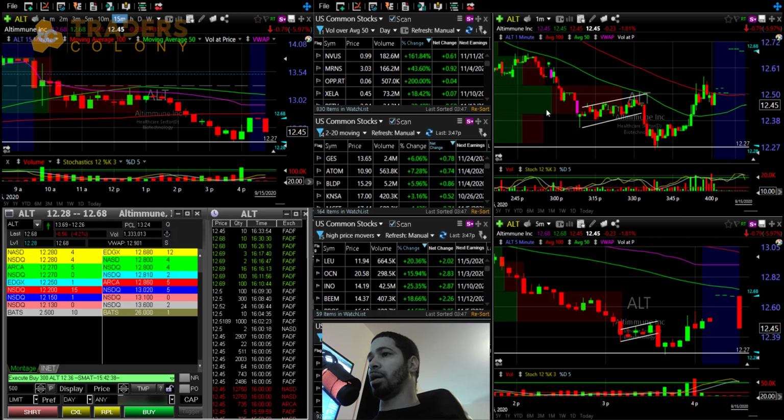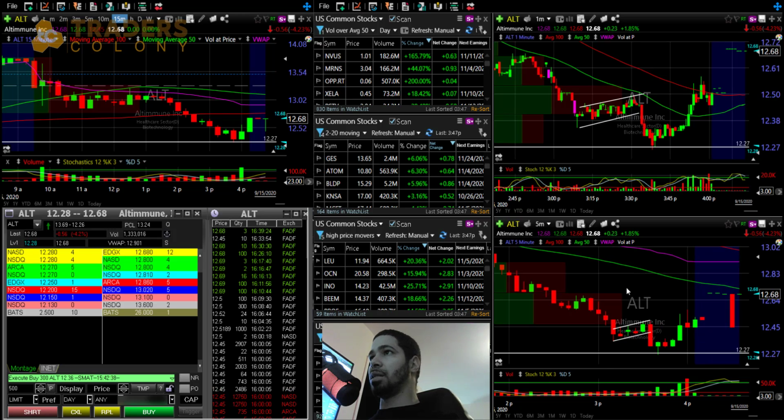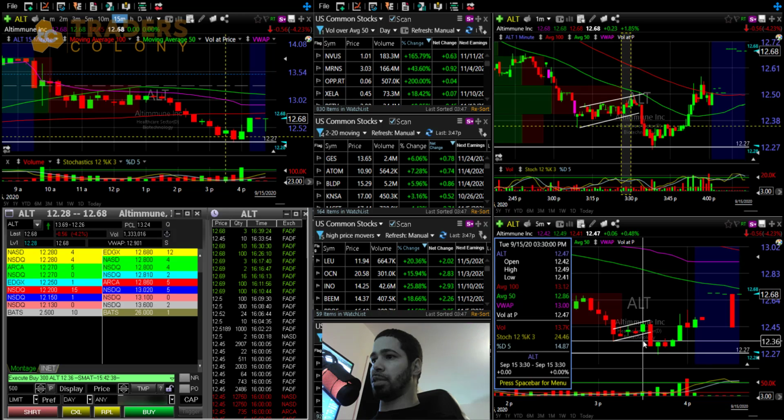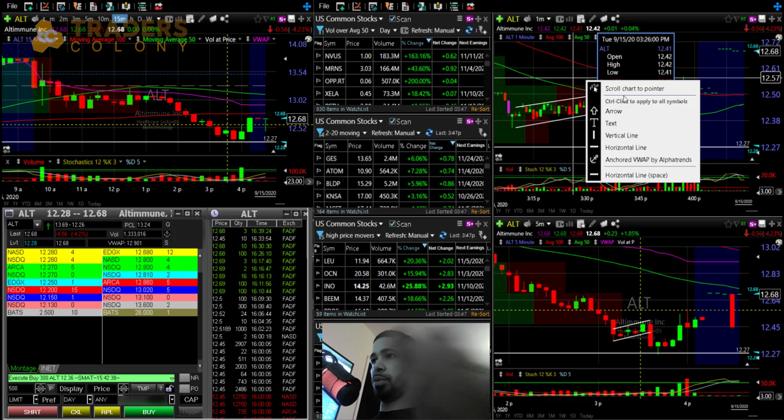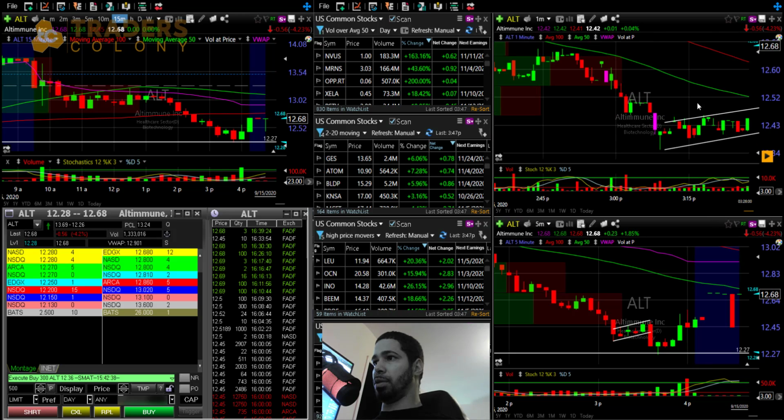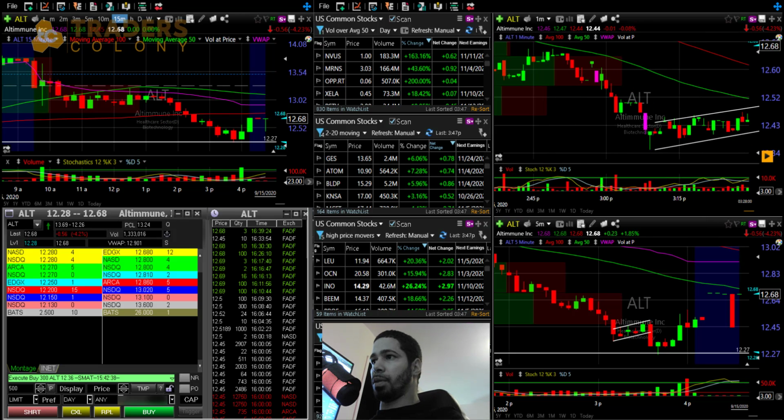For example, I exited this trade with a stop limit order to get me out on the flush after I got in at $12.40 as an entry, because the low of this candle was $12.41. I noticed on the 1 minute that we were printing this formation.